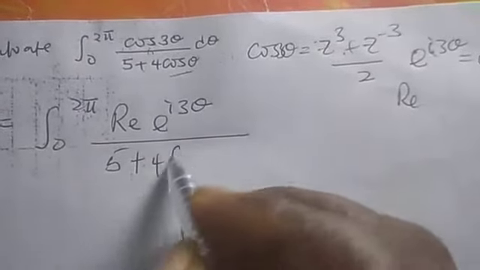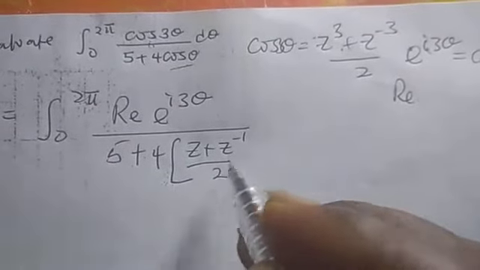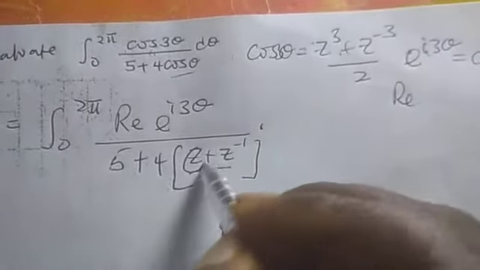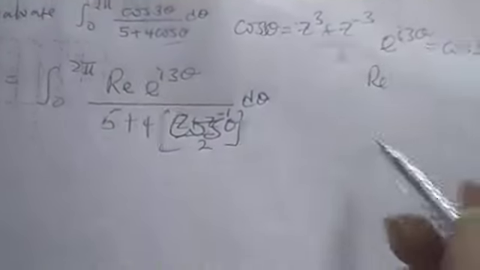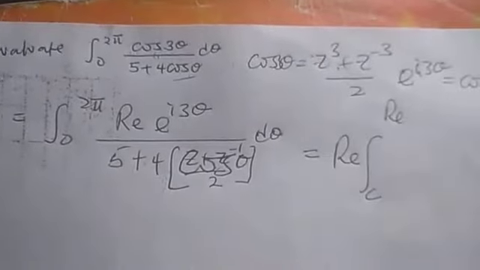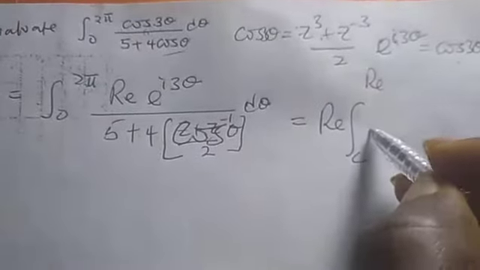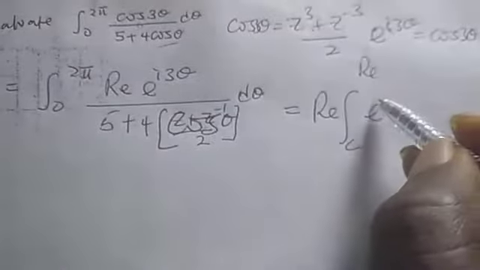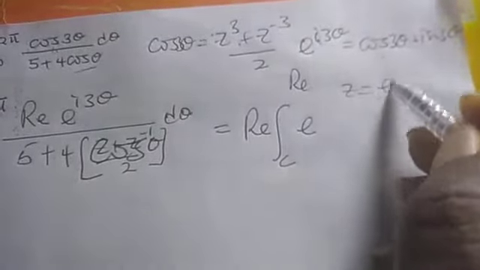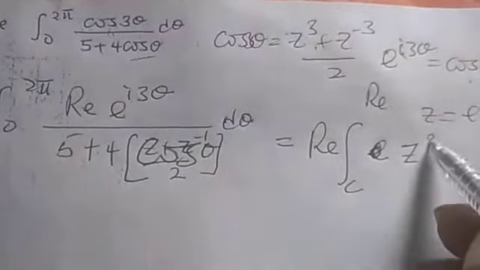5 plus 4 cos theta will be z plus z inverse over 2. We're still using cos theta. Now, we cannot turn it to a complex function, so let me put the Re outside. So this will be exponential I 3 theta here. We know that we have said that z is exponential I theta. Therefore, this thing will just be z raised to power 3.